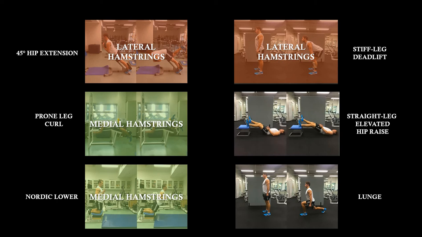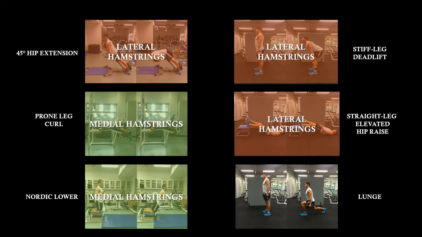The straight-legged elevated hip raise, well, the clue is in the name, that is the hip raise. It's a hip-based movement, knee flexion doesn't change, therefore the lateral hamstrings are going to be preferentially recruited.